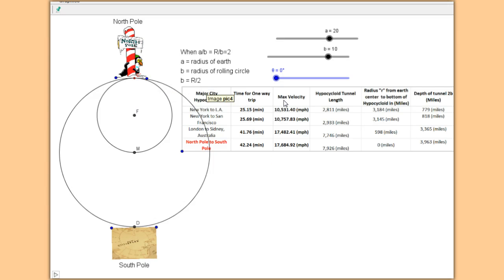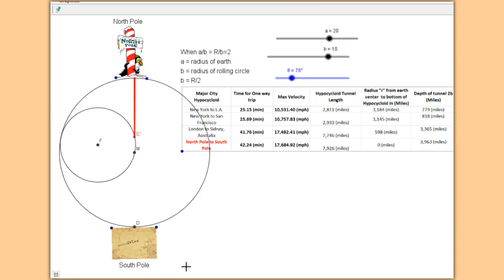Okay. And I figured that out already, so you have nothing to worry about here. So here's our North Pole to South Pole. Let's draw our hypocycloid. Isn't that amazing?